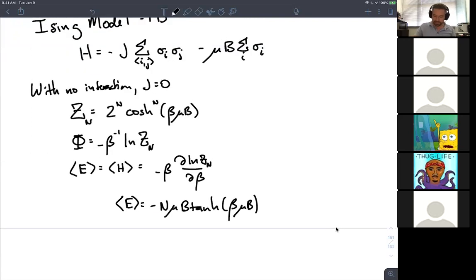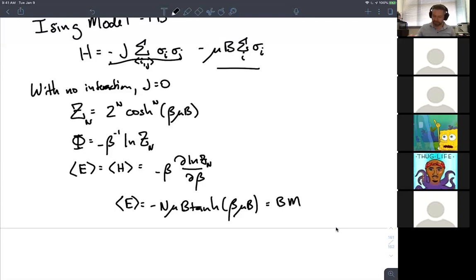When you look at the Hamiltonian with no interaction, you get rid of this term, and because the Hamiltonian is the energy, related to the sum over all the spins, this is simply equal to, I think, B times the magnetization.